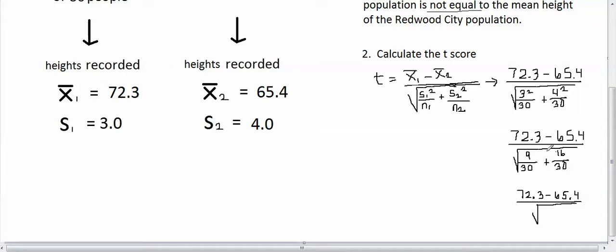So since 9 plus 16 is 25, we now have 25 over 30 under the radical.